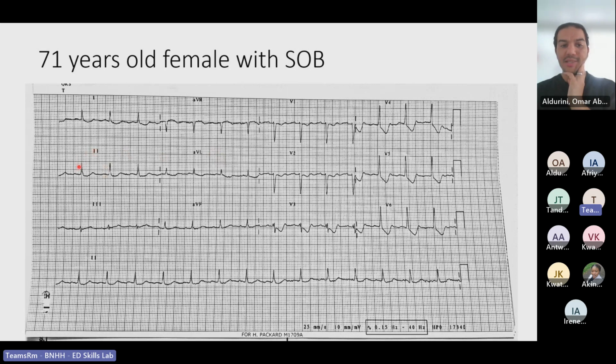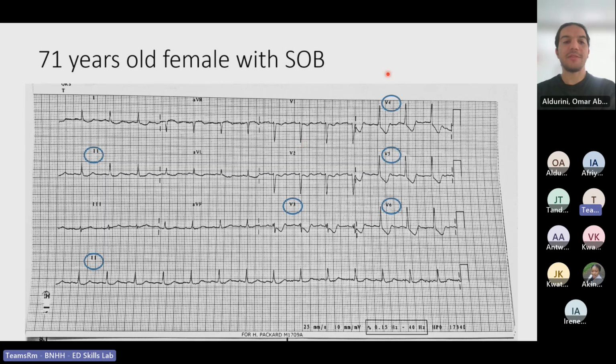There is also a slight ST depression in lead 2, if you can see. These are the significant changes that are found in this ECG.